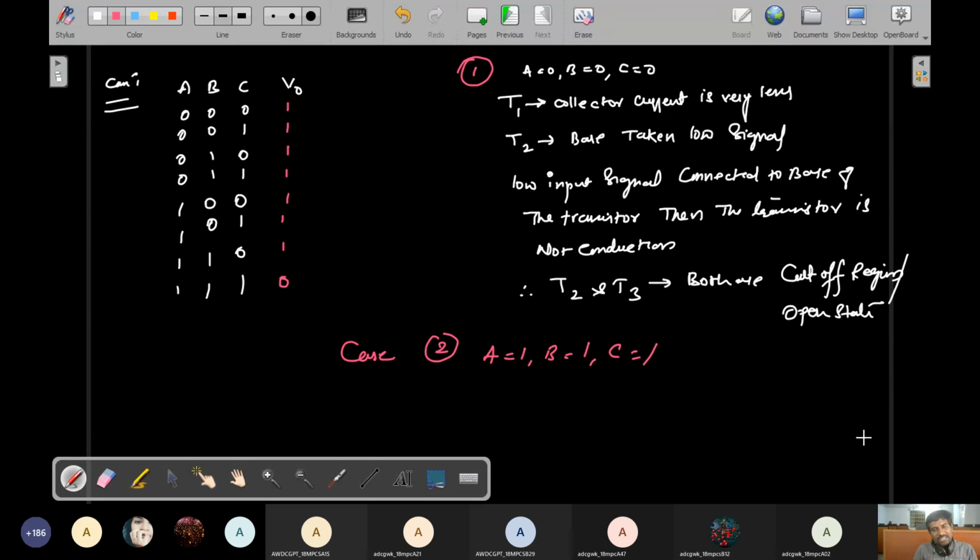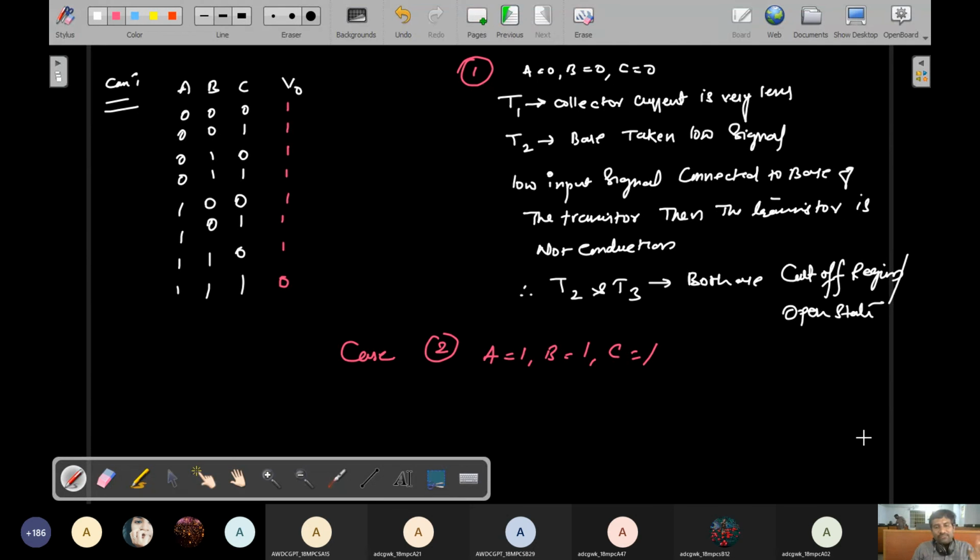Why? Because the T2 and T3 transistors are both in the cutoff region. In the cutoff region the input supply is not connected to ground potential. That is the reason why we are getting the output as a high condition.